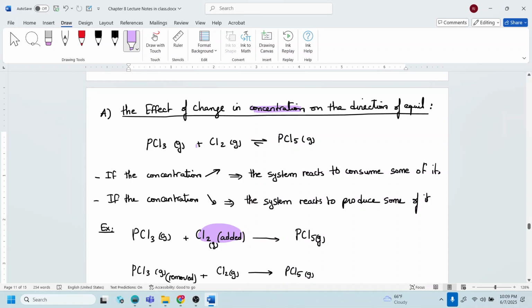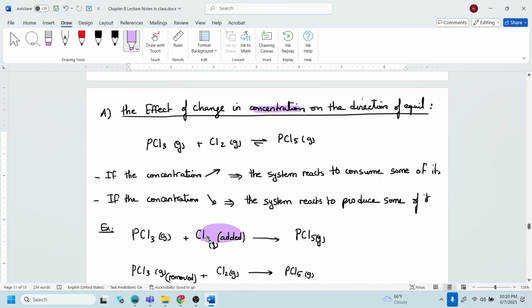Whenever you have a question like this, you want to figure out the direction of equilibrium. To do this, we're going to use our hands. Our left hand is going to represent our reactants, and our right hand is going to represent our products. Any change in the concentration, we will represent by simply lowering our hand or raising our hand.